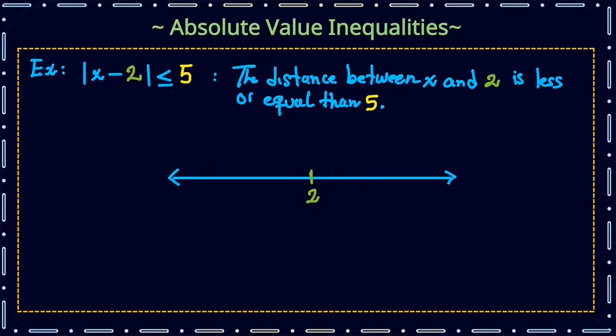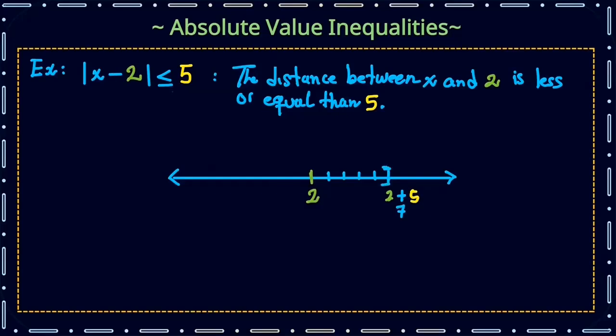Wherever this x is, the distance between that x and 2 cannot be more than 5, which means that I can go over by 5 units: 1, 2, 3, 4, 5. This number is obtained by taking 2 and adding 5 to it. That results in 7. We get one of the endpoints.